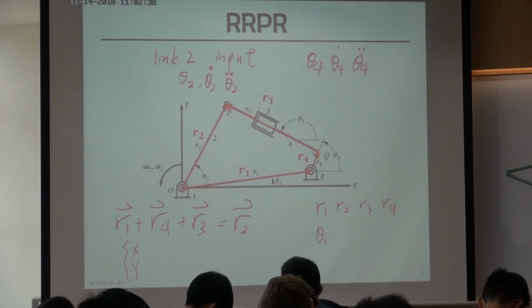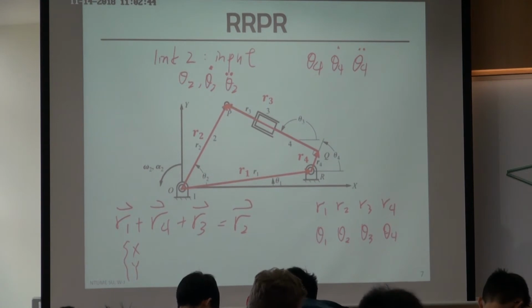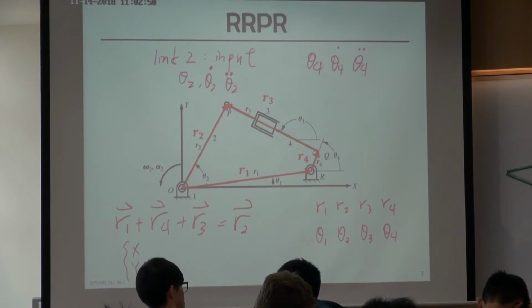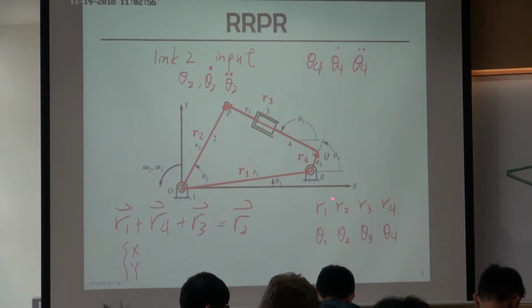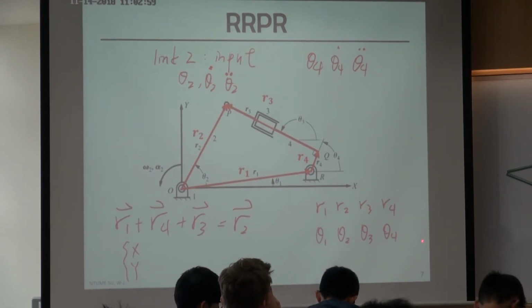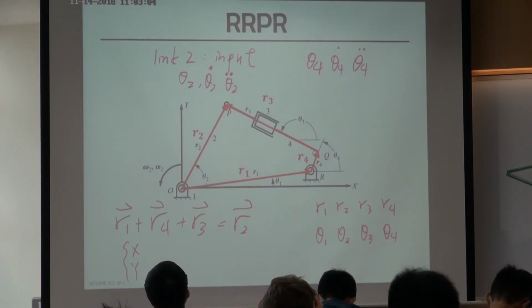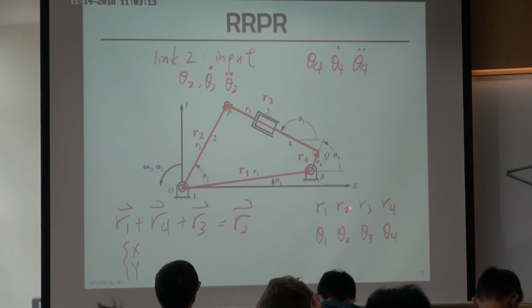So these two equations, which I haven't written here, include these 8 variables, and we need to make sure among these 8 variables there are only 2 unknowns. If there are only 2 unknowns, then these 2 equations can solve them.